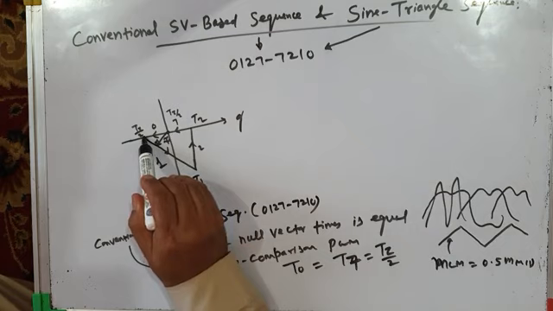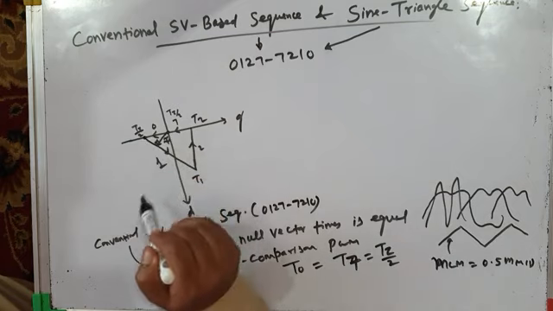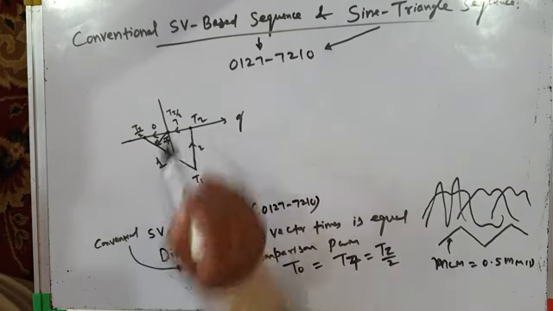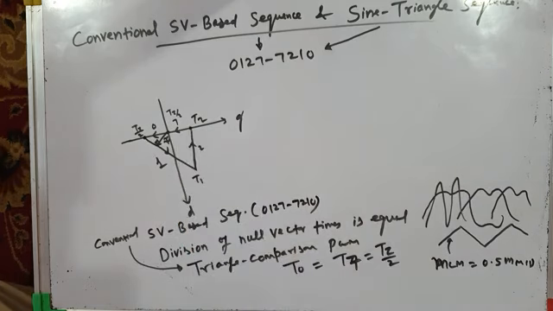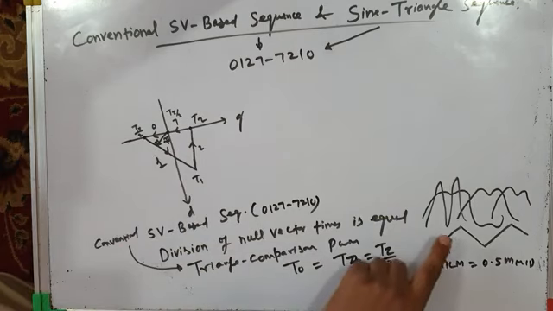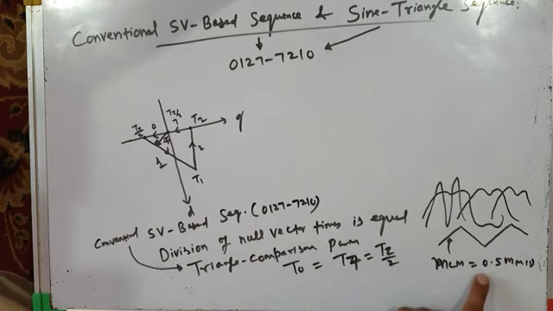This is the q-axis ripple. This is the maximum negative q-axis ripple, and this is the maximum positive q-axis ripple, for conventional space vector based switching sequence or triangle comparison based switching sequence, where the common mode signal MCM equal to 0.5 M mid is added to 3 modulating waves.